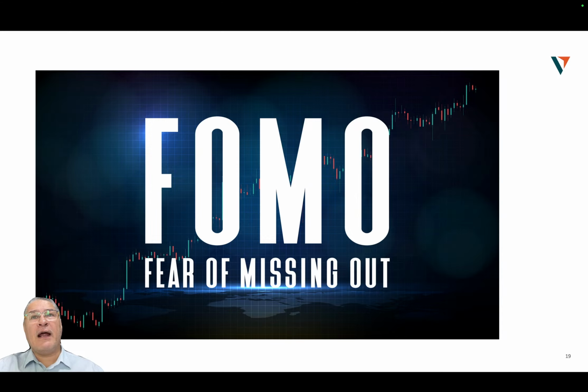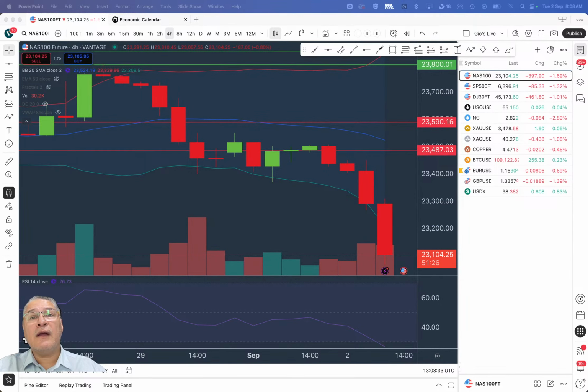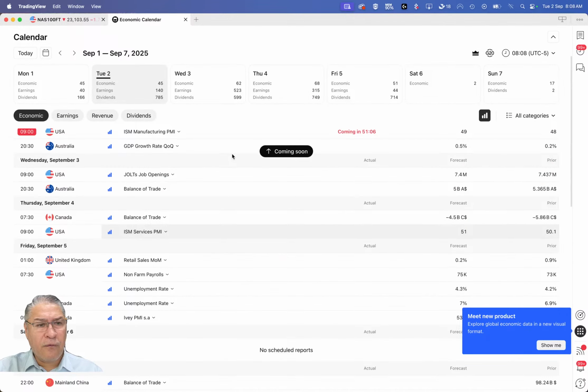I'm going to stop sharing my screen and start sharing my charts so we can hop into identifying opportunities for today. All right, so in front of you should be seeing my charts. Let's look at the economic calendar for today. Really not much in reality.